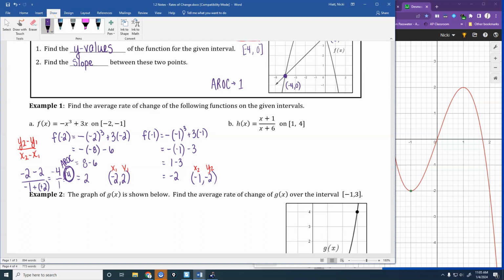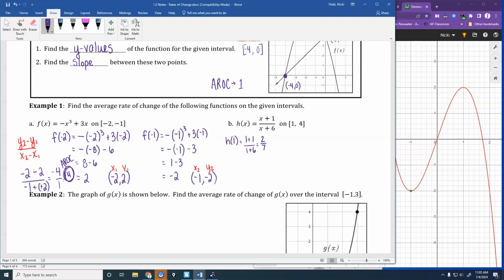All right, so same thing for this. H of x equals this equation. We want to go from 1 to 4. No calculator on this. This is going to test your fraction skills a little bit. So if I want the y coordinate for 1, I would do h of 1. So that would be 1 plus 1 over 1 plus 6, which is going to give us 2/7.